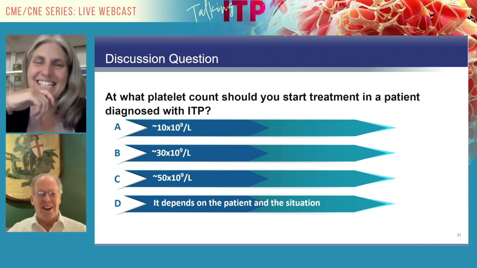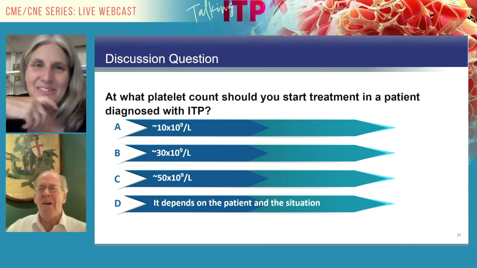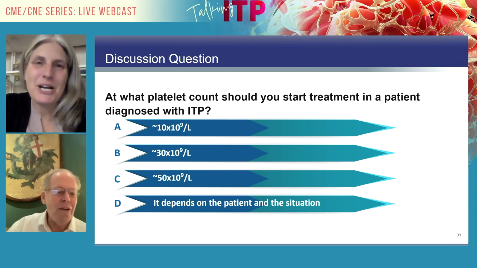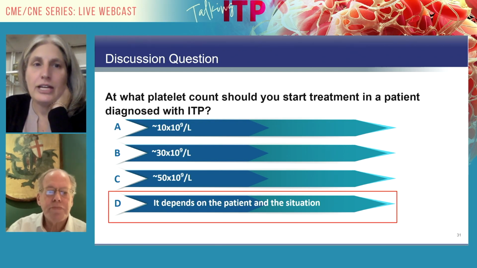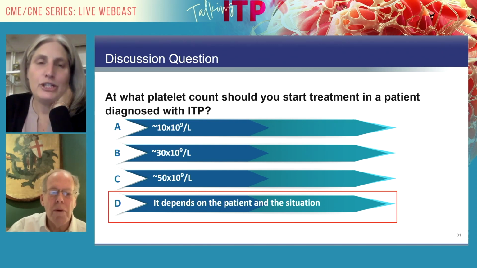That is correct. That is probably what I would likely say if we were talking about a pediatric patient. We have all our responses. So we have a few votes for less than 10 and less than 30. And then the majority, about 78%, are with answer D, which depends on patient and situation.